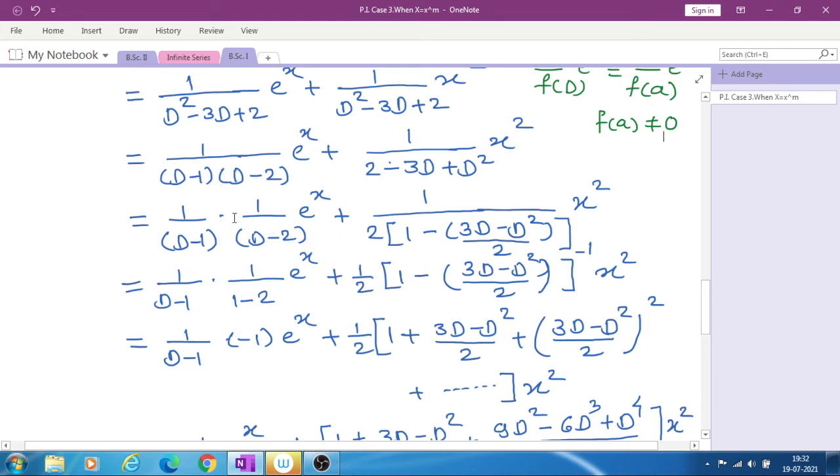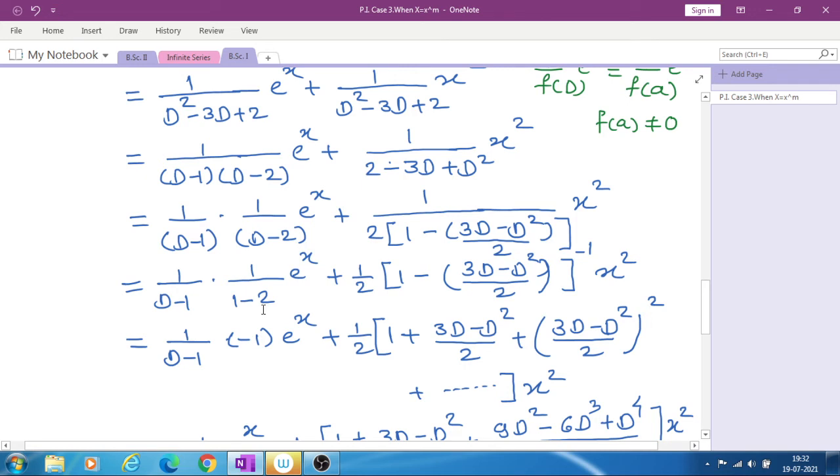First see how I found this particular integral for e raised to x, and then we will see for x raised to 2. We have separated these two brackets, and now in this bracket we have substituted D by a, that is 1. So put D is equal to 1.